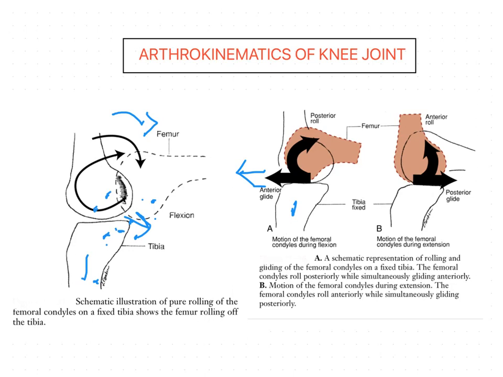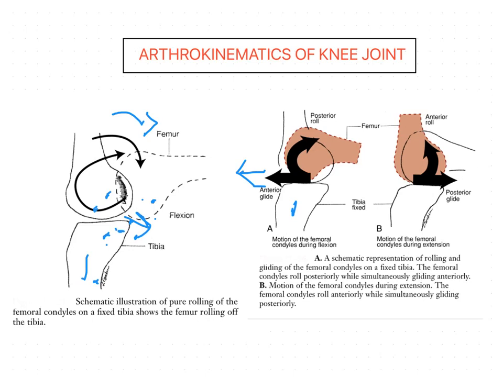The posterior displacement that would occur with the rolling of the condyles is offset by the magnitude of the anterior glide, resulting in linear displacement of the femoral condyles after 25 degrees of flexion. This is what happens after reaching 25 degrees.